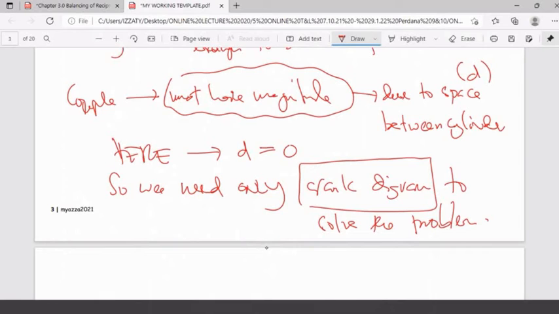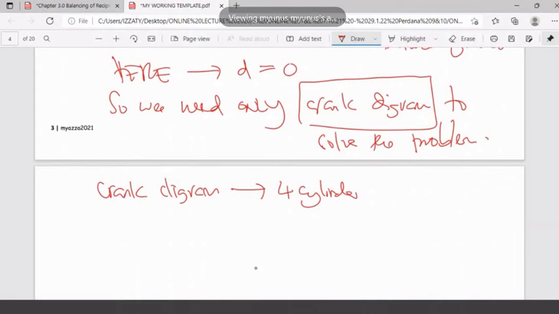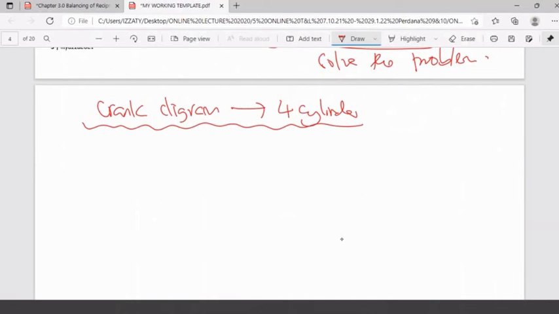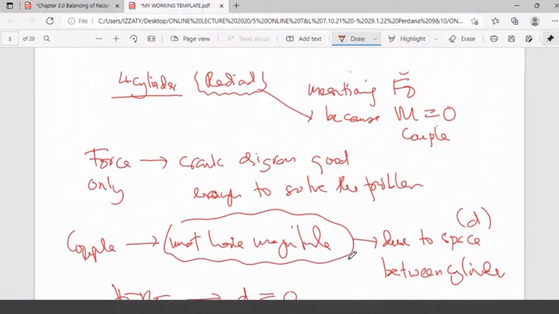Understand me or not? Yes or no? Okay, now. So the crank diagram. I am going to focus on the crank diagram. It is a 4-cylinder. Look at here, 4 cylinders. Theta is equal to, because we are not dealing with firing order, whether 2-stroke or 4-stroke.